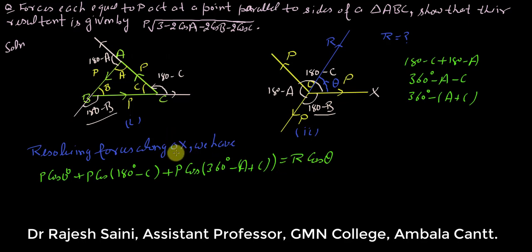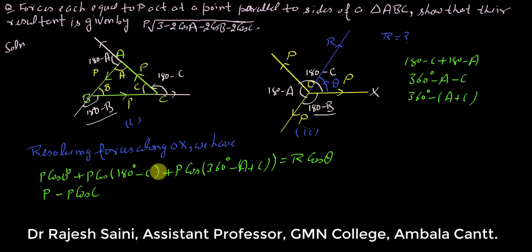The direction in this case is OX, that is horizontal. So cos 0 is 1, cos(180 minus C) is minus cos C, and sine here will be minus.